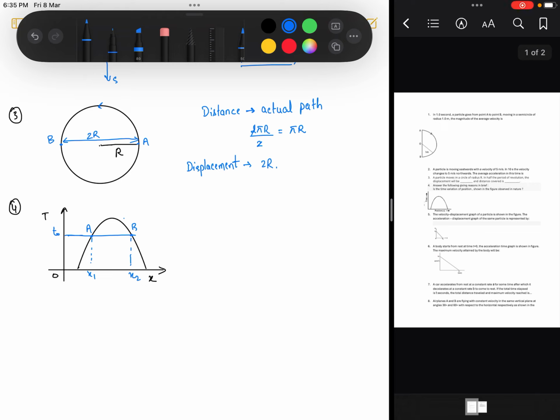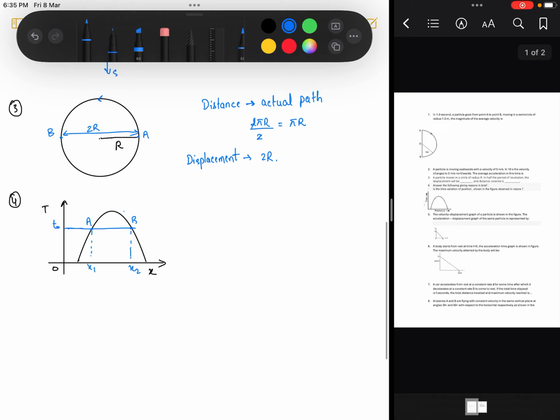So this will violate the laws of physics. So this graph is not correct. So our answer will be no.